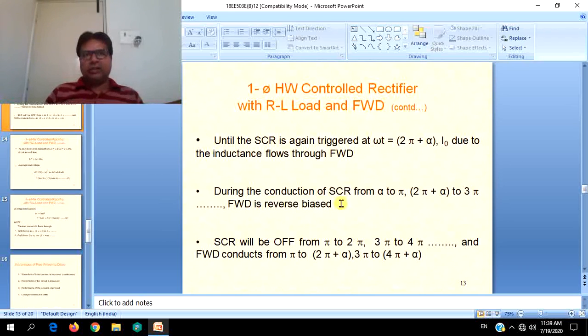When freewheeling diode is conducting, SCR will be blocking the reverse voltage. Same thing, SCR will be off from pi to 2 pi, 3 pi to 4 pi likewise, and FWD conducts from pi to 2 pi plus alpha, 3 pi to 4 pi plus alpha likewise.